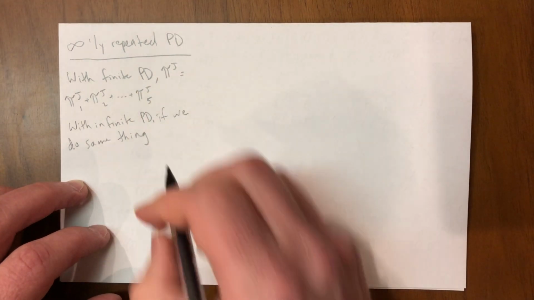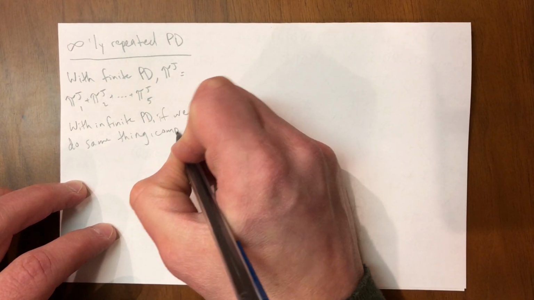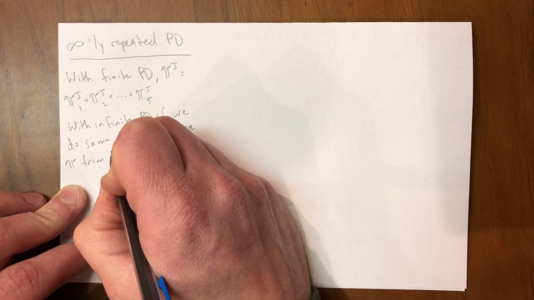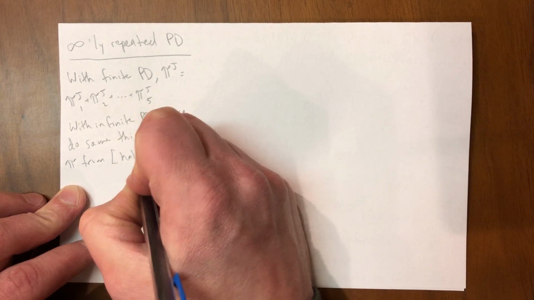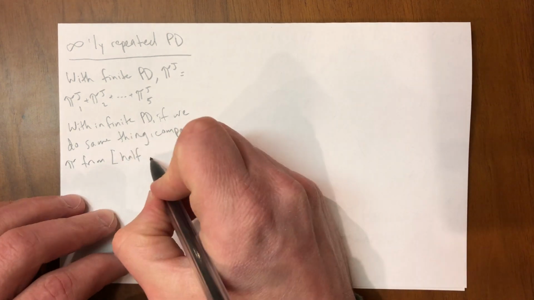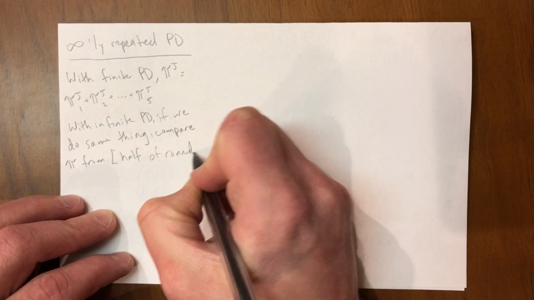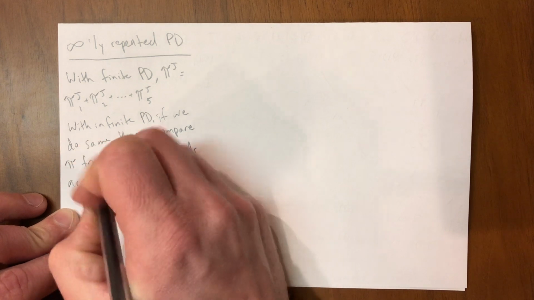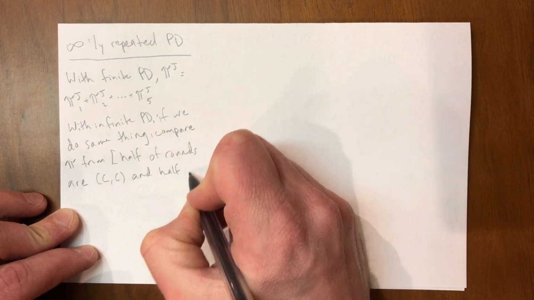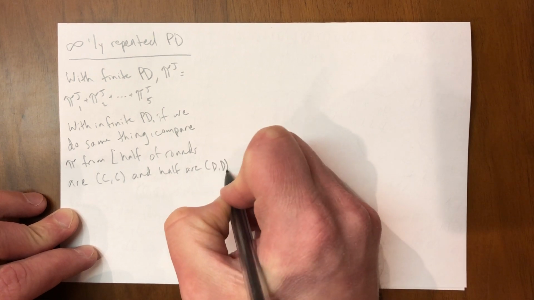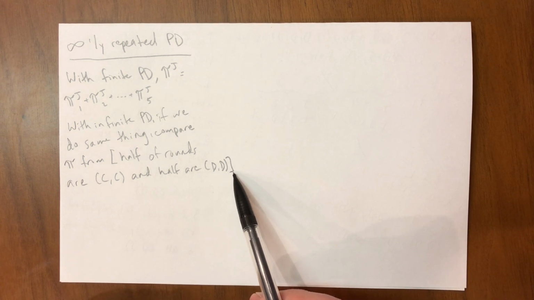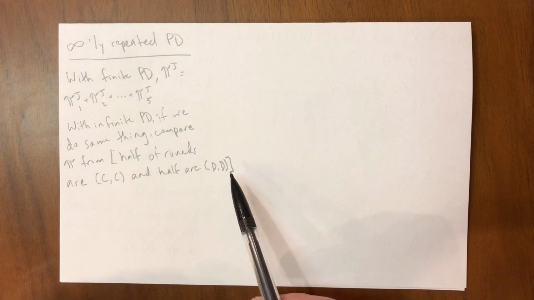So if we try to do the same thing, compare the payoff from half of the rounds being CC and half being DD. That's the first outcome, which describes what happens in our infinite game.